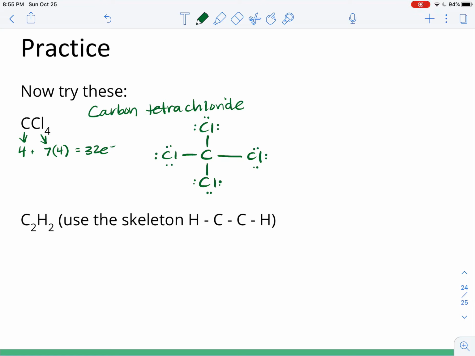All right, so it looks like chlorine's octet is fulfilled. 1, 2, 3, 4, 5, 6, 7, 8. And all of these chlorines look the same, so they have fulfilled octets. Now I'm just going to go back and make sure carbon has a fulfilled octet. 1, 2, 3, 4, 5, 6, 7, 8. It's good. So this is our final structure for that.